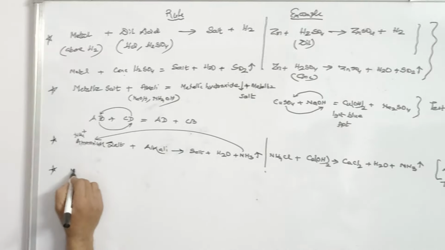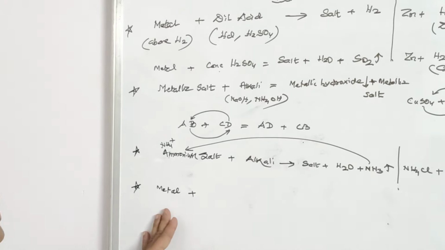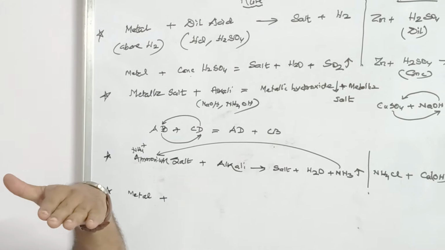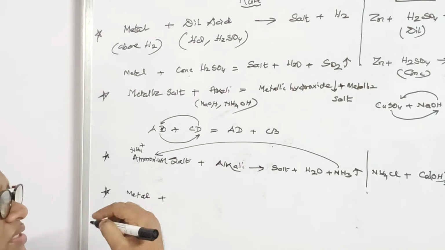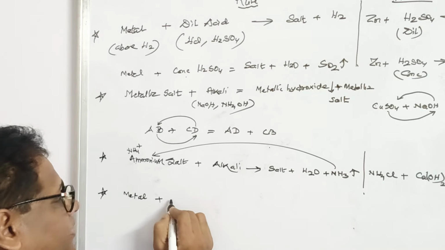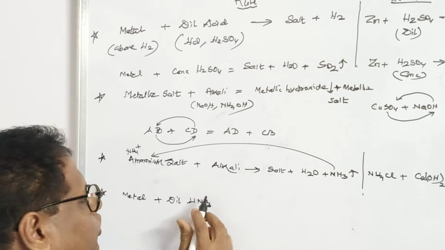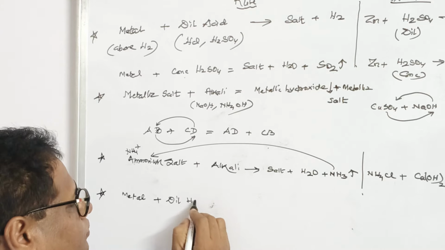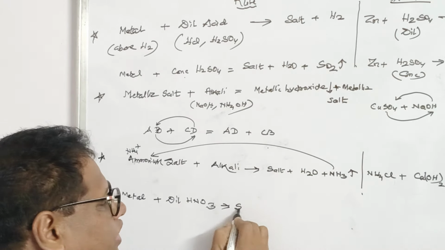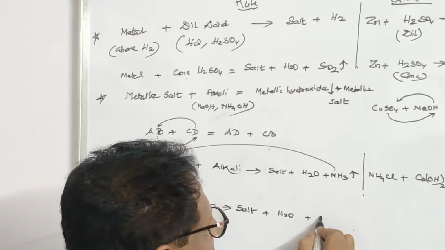Next, if you take a metal, when we are discussing metal, we are not highlighting this particular property. The metal could be above hydrogen or below hydrogen. If you take any metal, zinc or copper, one above, one below hydrogen, and make it react with dilute nitric acid, this will form salt plus water plus nitric oxide.